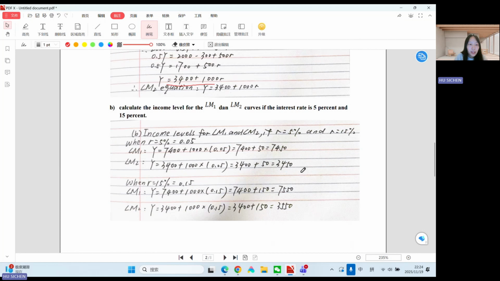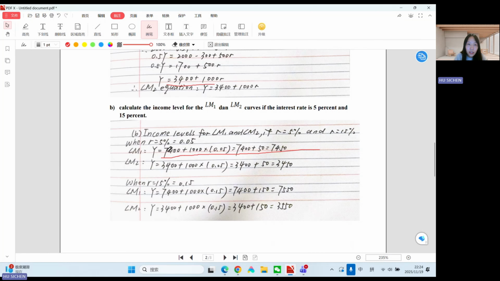Next, question B. The question asks us to calculate the income level where the interest rate is 5% and 15%. When R equals 5%, which is 0.05, substituting into LM1, we get Y equals 7,400 plus 1,000 times 0.05, and the final answer is 7,450.